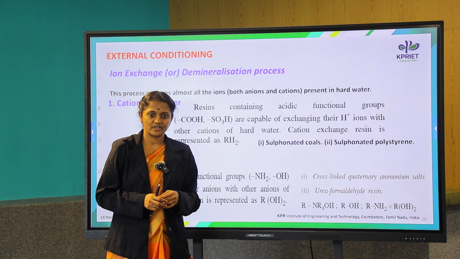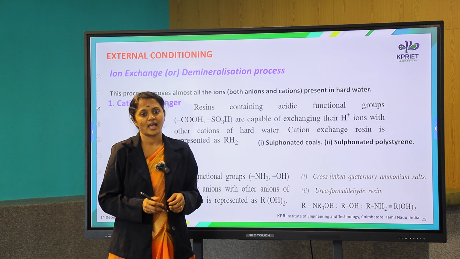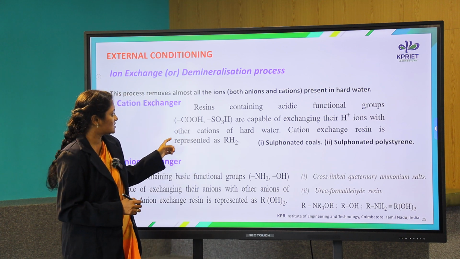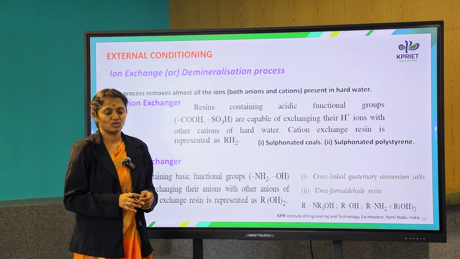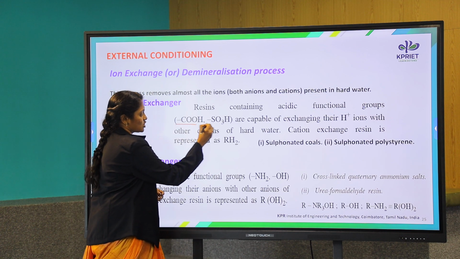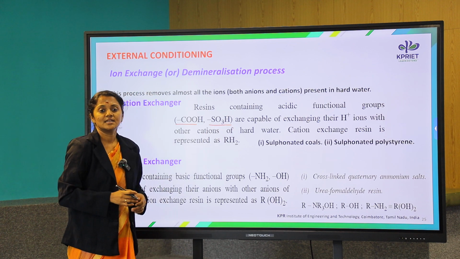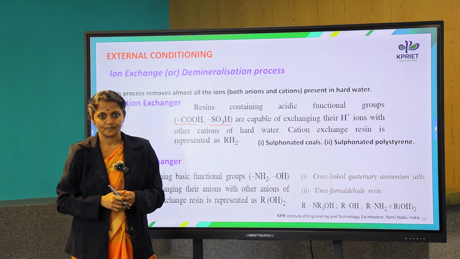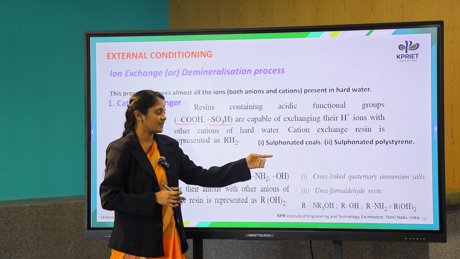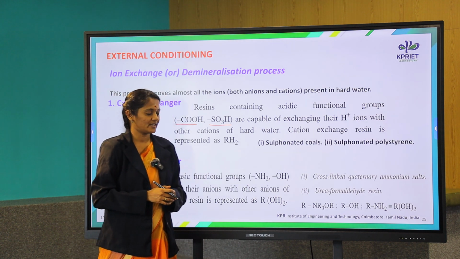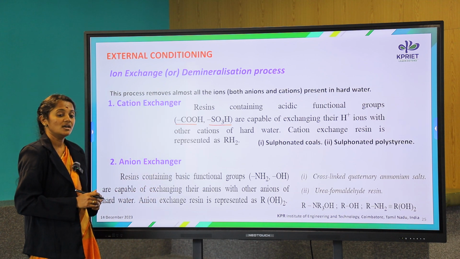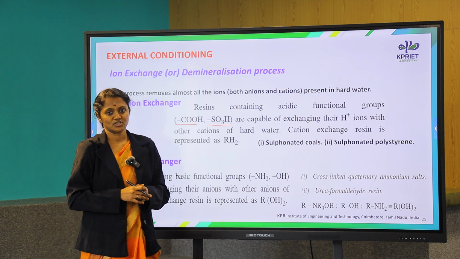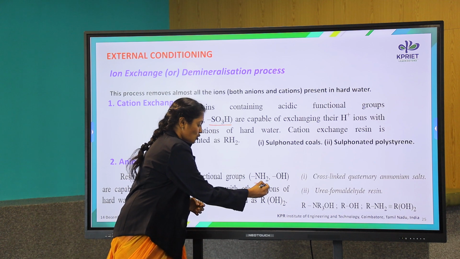There are two types of resins, cation exchange resin and anion exchange resin. Cation exchange resins have acidic functional groups such as COOH or SO3H groups. They are capable of exchanging all the cations present in the hard water. Examples are sulfonated coals and sulfonated polystyrenes. Anion exchange resins have basic functional groups like NH2 or OH.